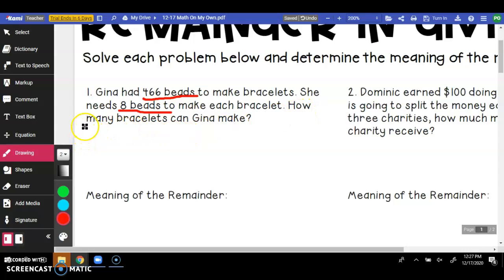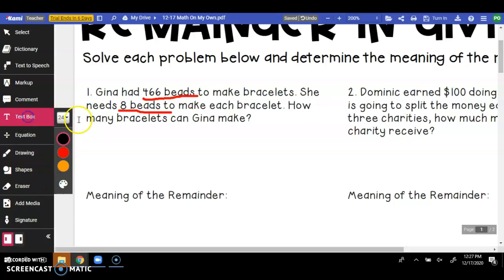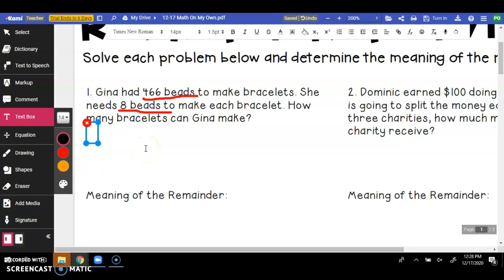So let's see. This is a question about... Let me make this a little smaller. So it's a question of, we have 466 beads, right? And I'm taking those beads and I am breaking them apart into equal groups.